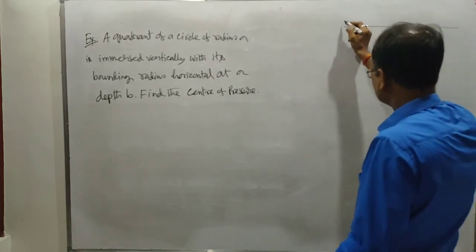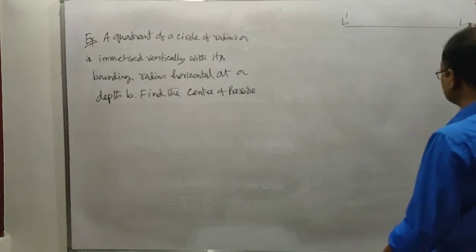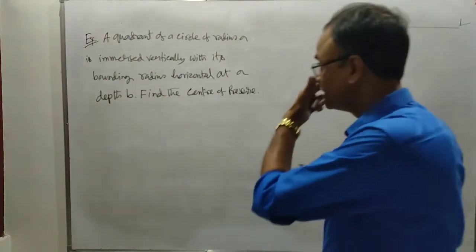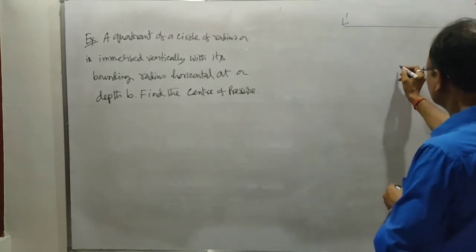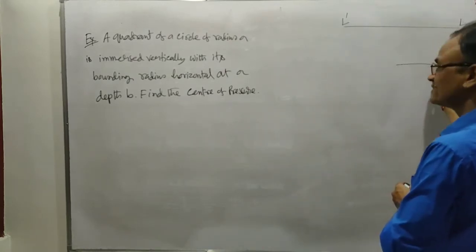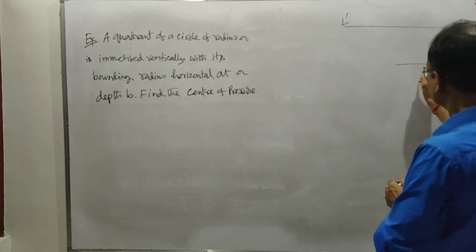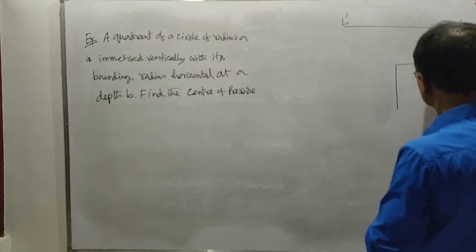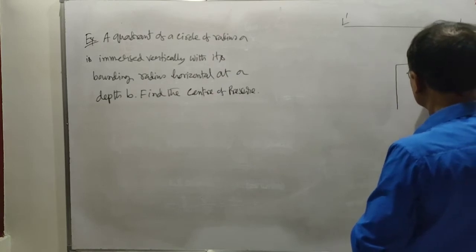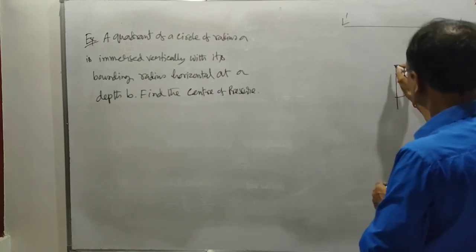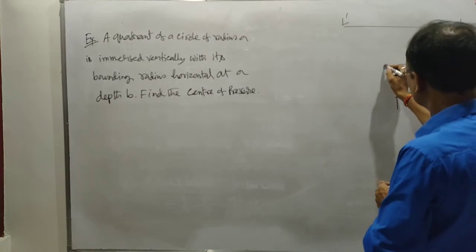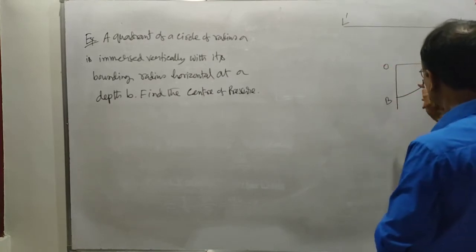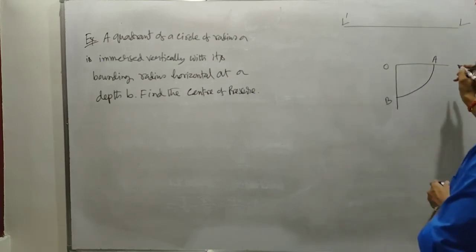Suppose this is L dash L, the free surface of the liquid. OAB is the quadrant, completely immersed in the liquid.